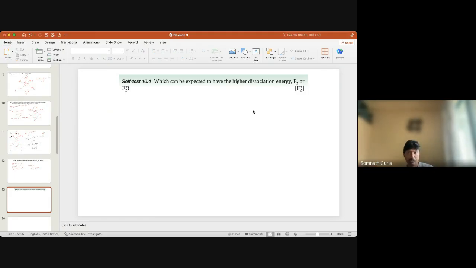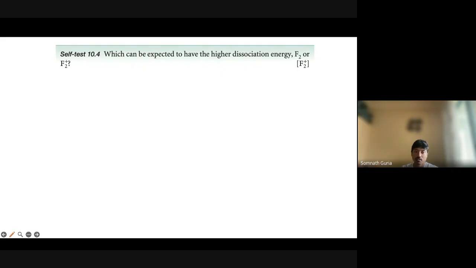Similarly, just calculate the bond order and it will give you that the bond order for F2 plus will be higher. The bond order of fluorine is 1 and the bond order of F2 plus is 1.5.